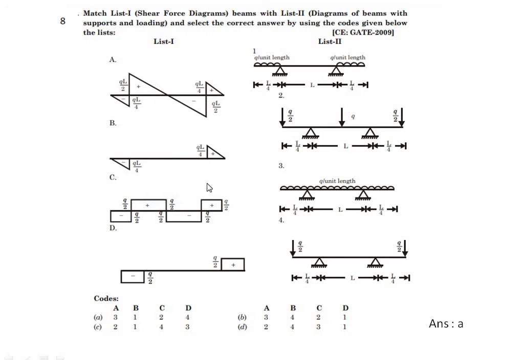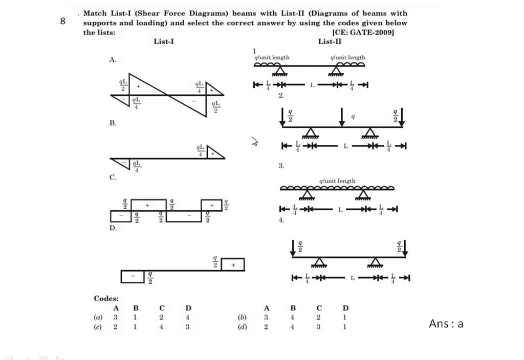So for B the option is 1, so it is satisfied, and for C it should be 2. So let's check for C. For C you are having a sudden increase in the shear force diagram, so there might be an external loading or a reaction force. For C you have the option given as 2.